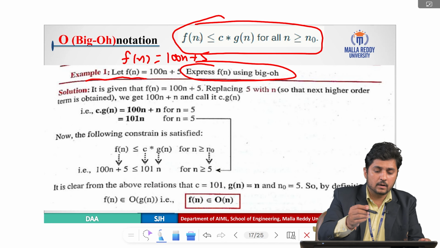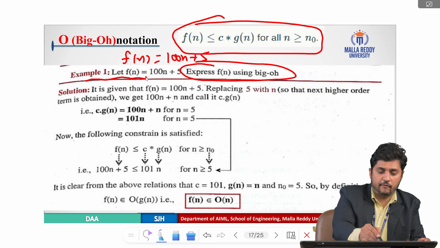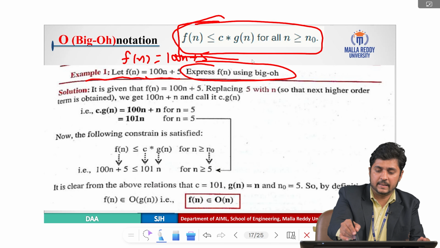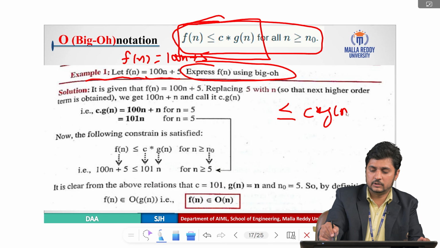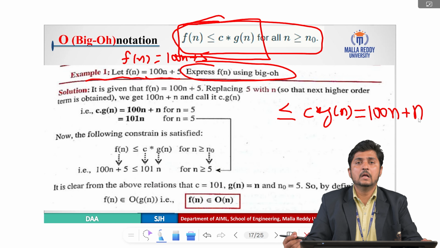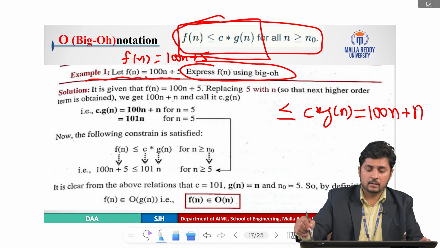So here first we write what is given. The f of n value is given. On the RHS, when we look at our basic formula, we'll have c into g of n. Once we write that here, we'll have 100 n plus 5. Here, whatever the lower class is, we need to replace it with the upper class.